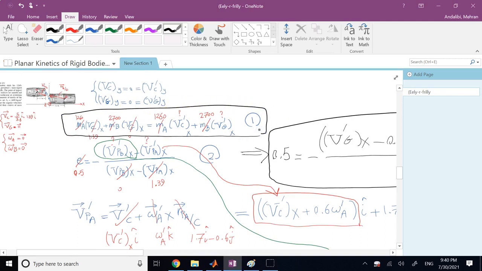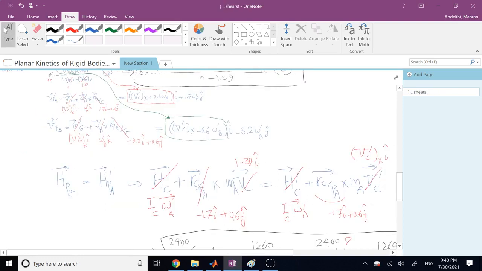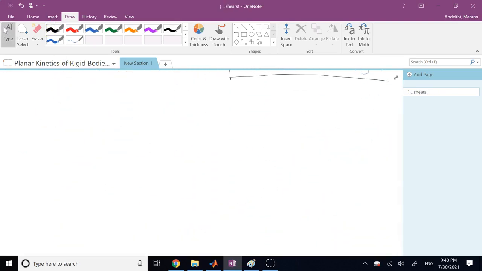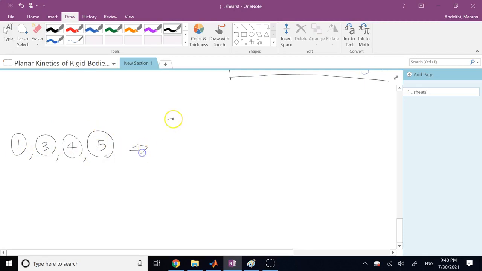I have 4 unknowns and 4 equations, and they are all linear equations. So if you use equations 1 and 3 and 4 and 5, I have already solved it.